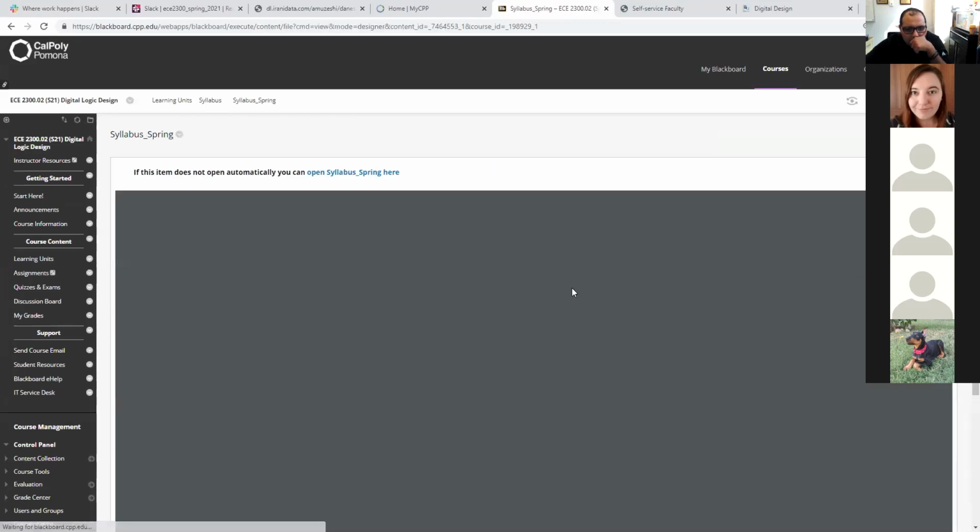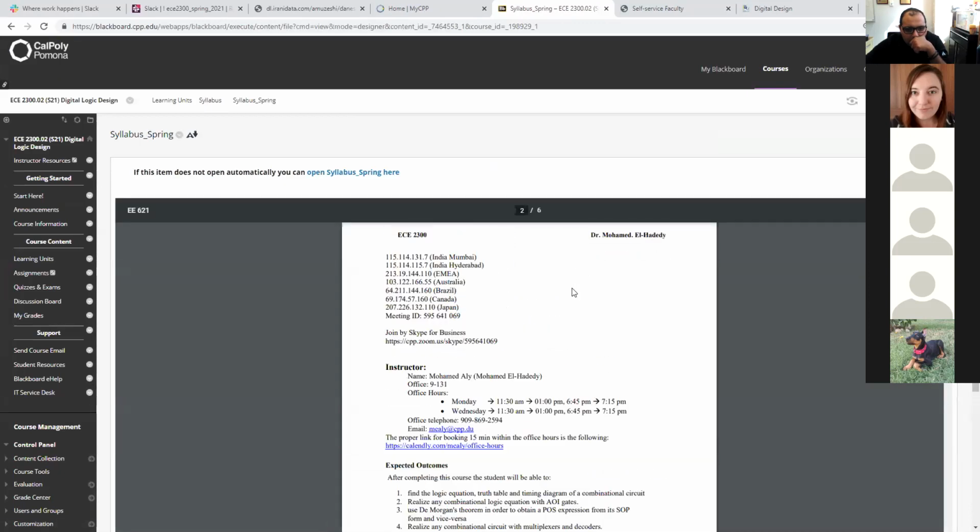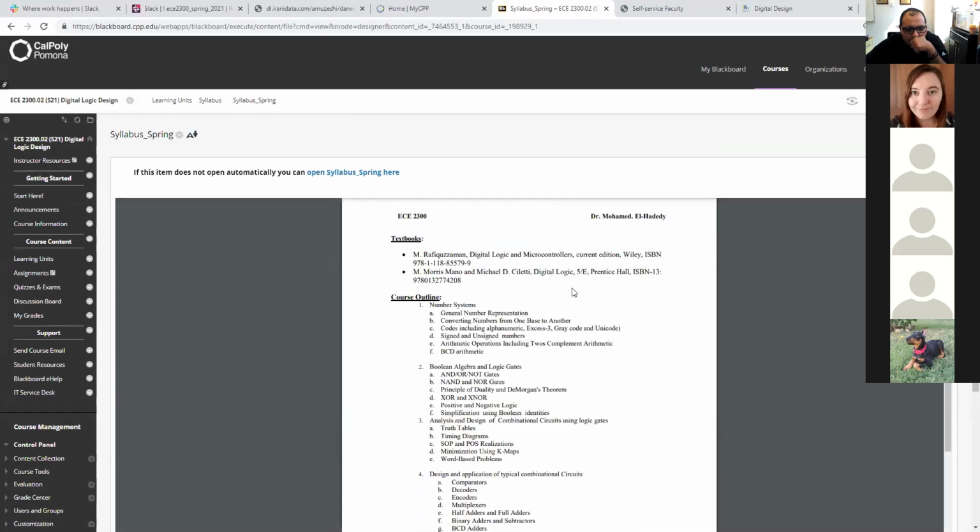Open that. Okay, so the Mano book has multiple chapters. First we're going to start with number systems, as I mentioned before. After that, we move to the next chapter, which is called Boolean algebra and logic gates.